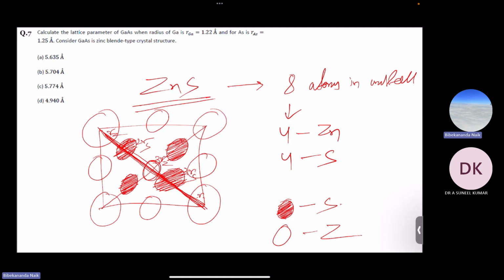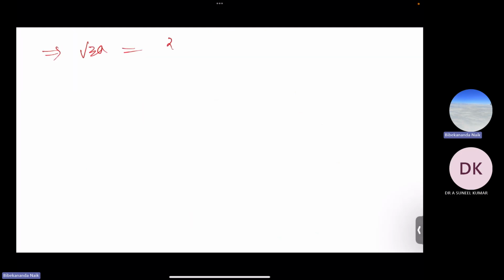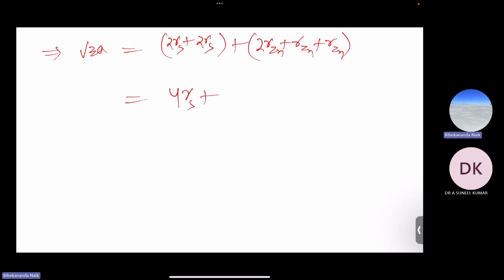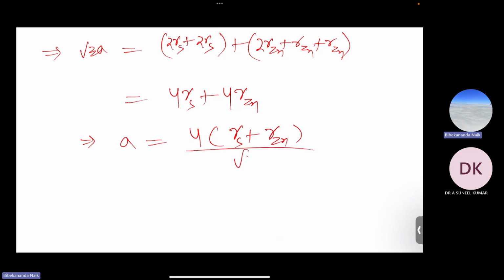So there will be 4R of sulfur and 4R of zinc: 2R sulfur plus 2R sulfur plus 2R zinc plus R zinc plus R zinc. That's why a will be 4 into R sulfur plus R zinc, divided by root 3.